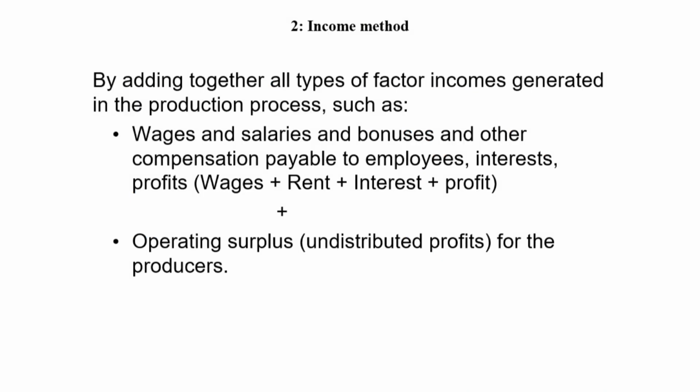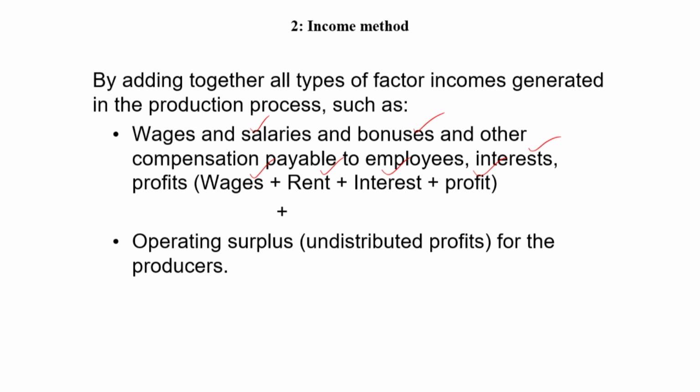And the second method is called the income method. Here, we add together all types of factor incomes generated in the production process, such as wages and salaries, bonuses, that is labor income, and other components payable to employees, plus interest income, profits. You can see wages, rent, interest and profit, plus operating surplus. Operating surplus means mainly by firms. They won't distribute all the profit to the shareholders.